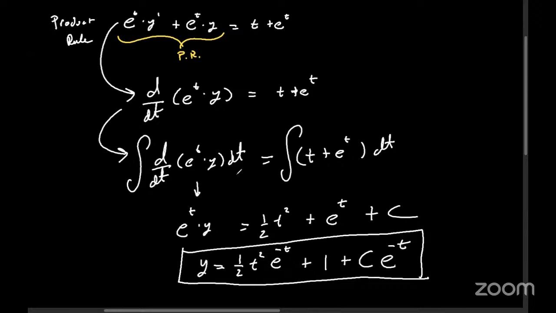Now, what is it that I think we found? I think we found that, given the original problem, which was y prime plus y equals t plus e to the negative t, the original function would equal 1 half t squared plus 1 plus c e to the negative t.